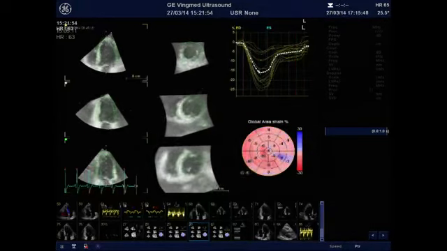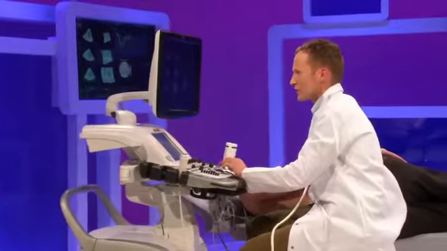And here we have a normal value about minus 15. So using this same 3D acquisition, we have the LV volumes, we have the ejection fraction, the sphericity index, we have the cardiac output, and all the components of LV strain.